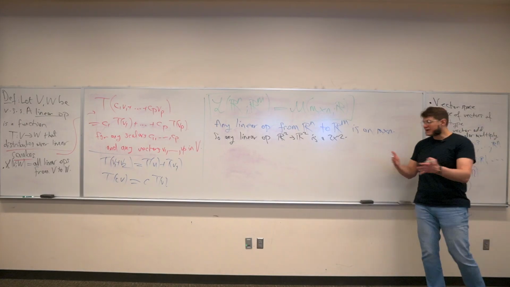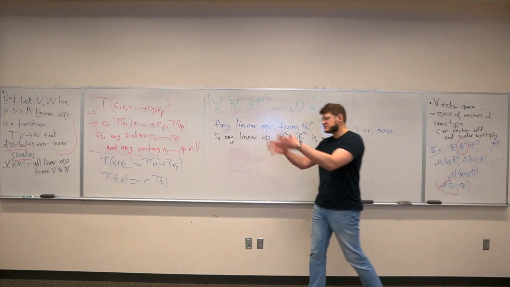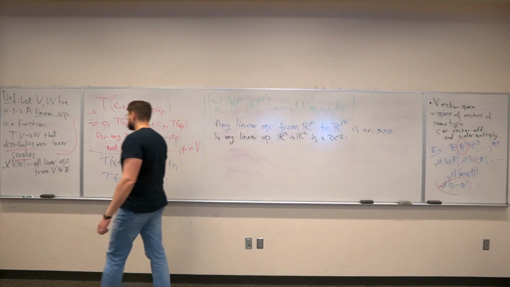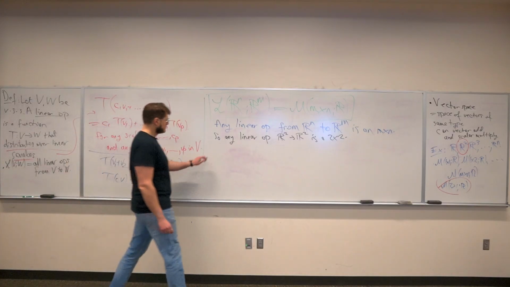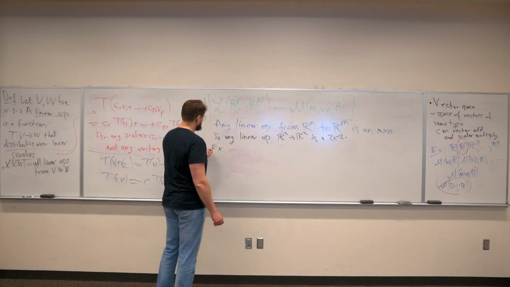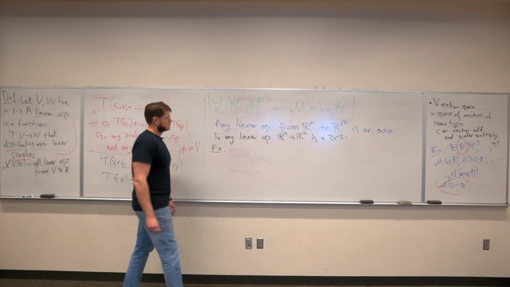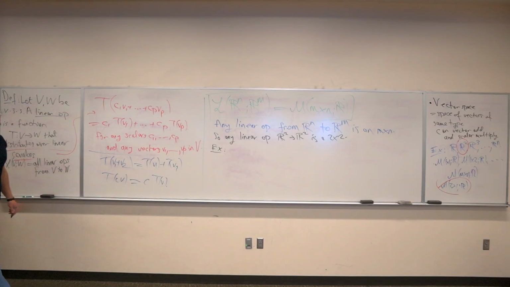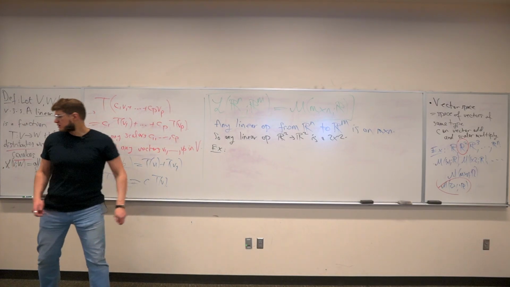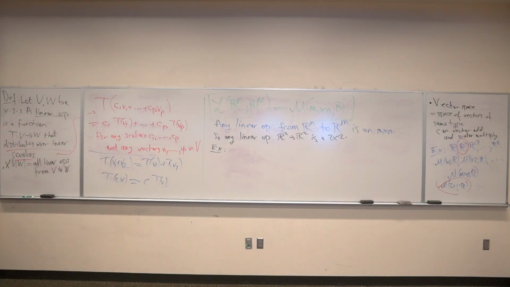A 2 by 2 should be something that changes the plane to another plane in a sense. So, examples. We're just focusing on the 2 by 2 case. Let's see. I wrote down a couple of them that I think are nice. Yeah, let's start like this.